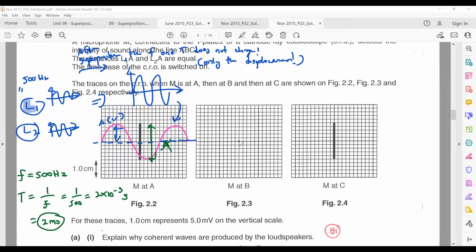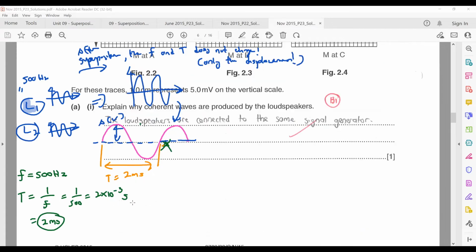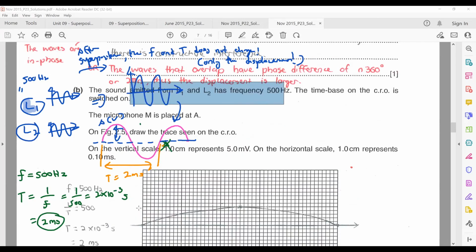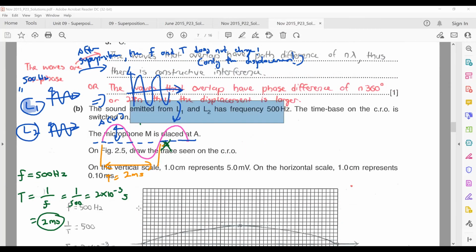All right. So from what I can see here, my period is going to be 2 milliseconds. My amplitude is just going to be 5 millivolts.